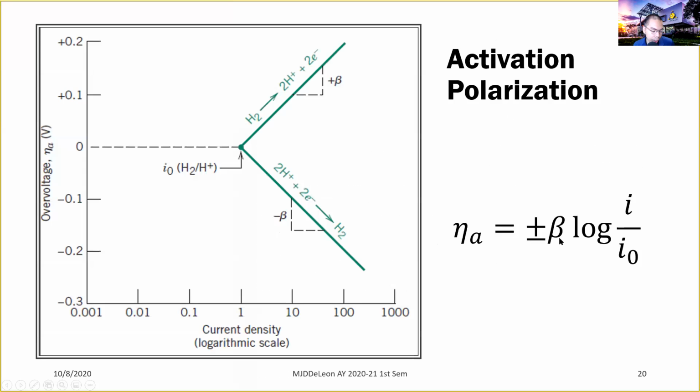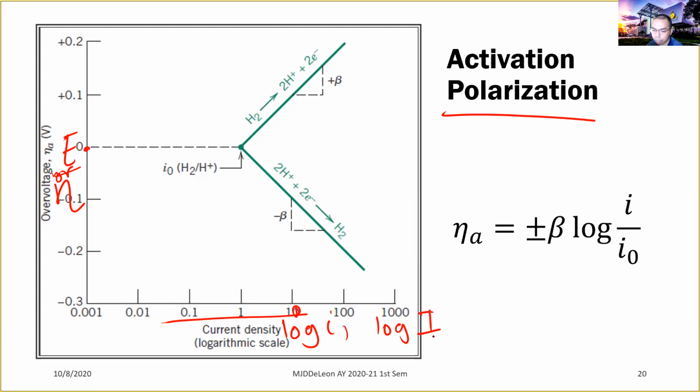So this is a sample na plot of your activation polarization. So makita natin for activation polarization, we have E or over potential in the y-axis. Meanwhile, in the x-axis, we have log of I or log of capital I. So it may be log of current density or log of current itself.